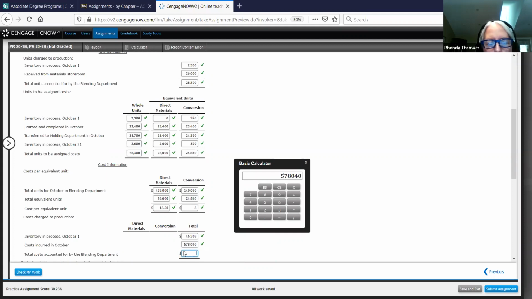The total cost that we are going to have to account for in the blending department are the beginning inventory cost plus all the costs that were added during this period of time. $46,368 would be combined with the $578,040 to get $624,408.